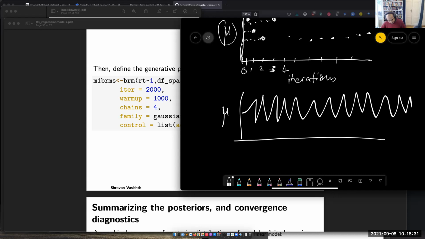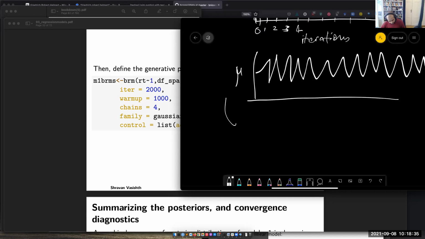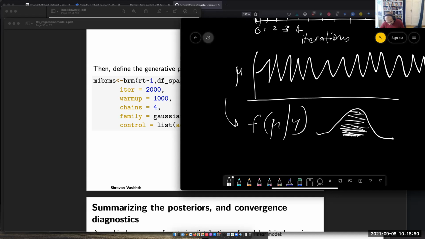And because the posterior distribution for mu, that is f of mu given the data, has some shape, the sampler will be getting most of the samples from this high density region, and occasionally from the rear edges of it.